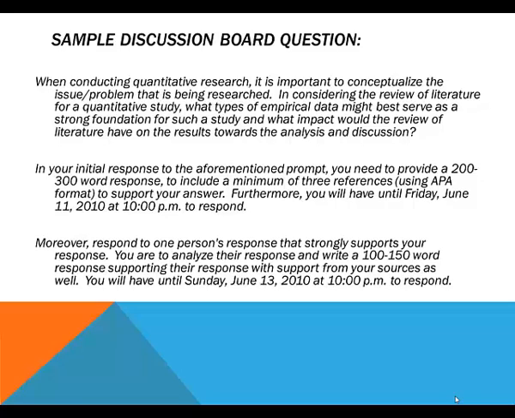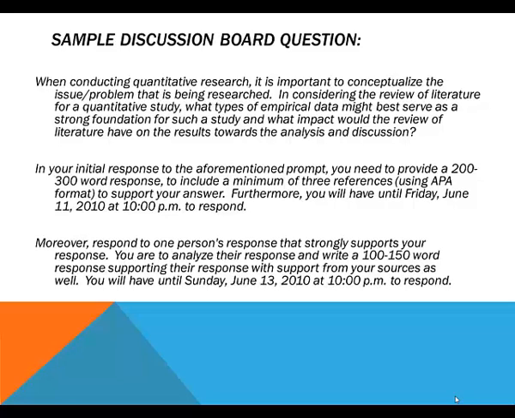Let's look at this example. I wanted to show you this example because if you look at paragraph 2 and paragraph 3, this gives a little bit more detail than that last example. You will see here, we go a step further and say to write a 200 or 300 word response, and we also ask for APA format.